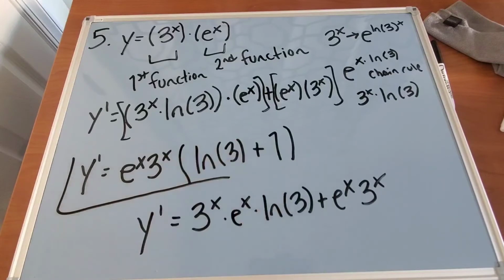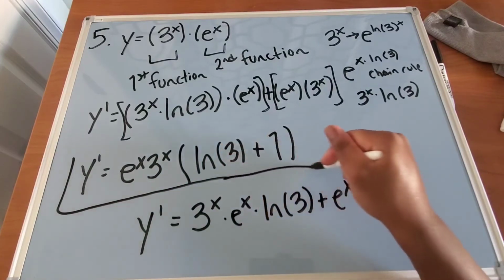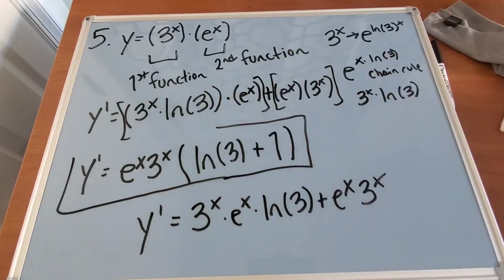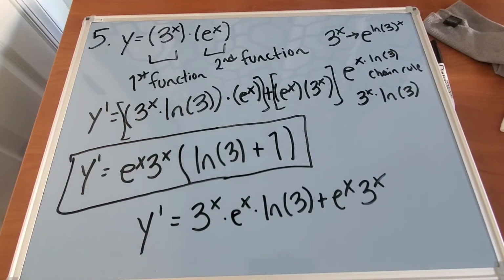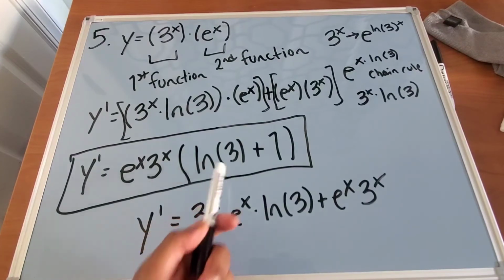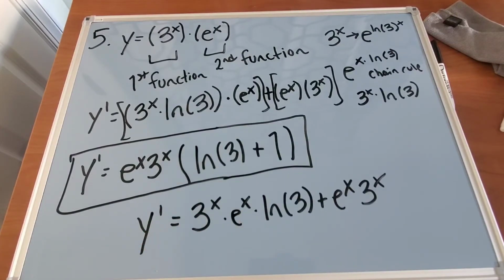Since I took the 3 to the x and e to the x out, we'll just say this one's the final answer. But both forms are equivalent. Although if you wanted to take the next derivative, maybe I would almost just rather do the product rule again on this one, because I have two product rules here. This is another product rule, and then this all comes out to just some number. So I would rather take this one, but again, that's a matter of preference.